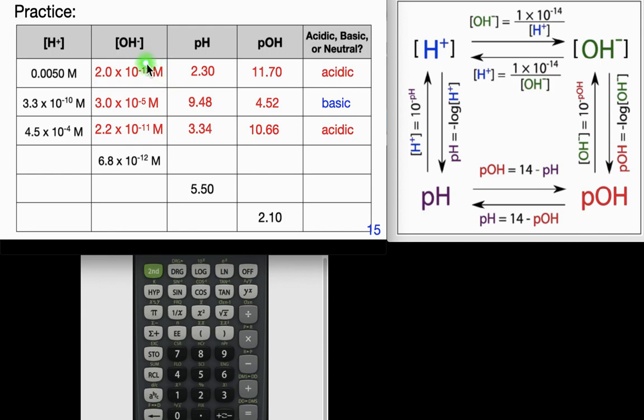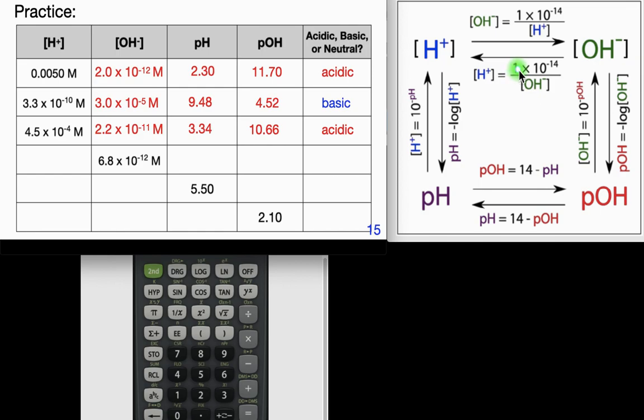Okay, so now let's do the same thing again for the next one. We're going to go from the hydroxide ion concentration to the hydrogen ion concentration. So this arrow here. So type in 1 EE negative 14. I'll stop saying that. I'll read it off as it should be read. You need to know to type in EE.